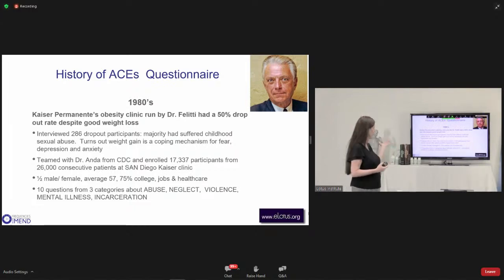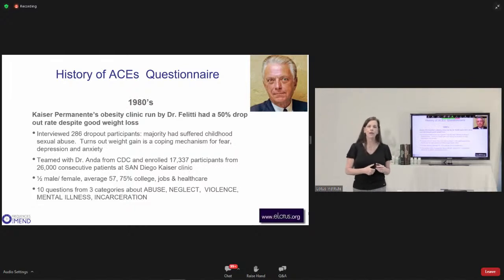The challenge is he had all of these people dropping out and, in record speed, gaining back all of their weight. Fortunately, as a very, very curious man, he wanted to know what had happened and why these people who had transformed their bodies, their weight, their health, why it changed.